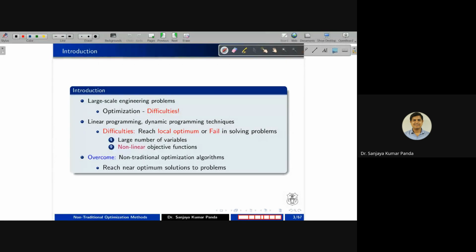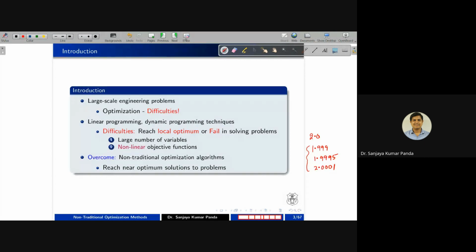For example, if the exact value of a particular solution is 2.0, when you apply non-traditional optimization techniques, you may get a value like 1.999, or 1.9995, or 2.0001, something like that. These solutions are called near optimal solutions, which are well accepted in the community. Although you are not getting the exact solution, as you get a close solution, that is accepted.